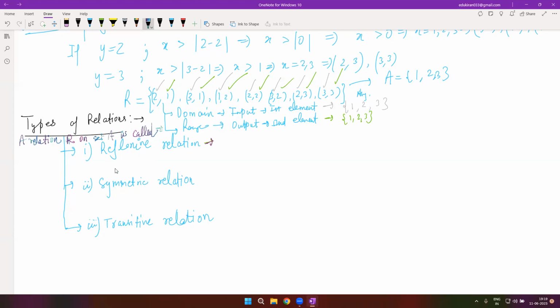Let's call that set A, and let's call the relation R. So then the relation R on set A is called reflexive if R contains (a, a).